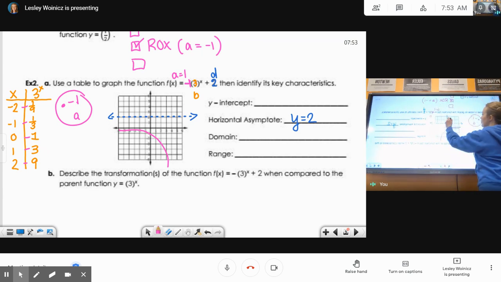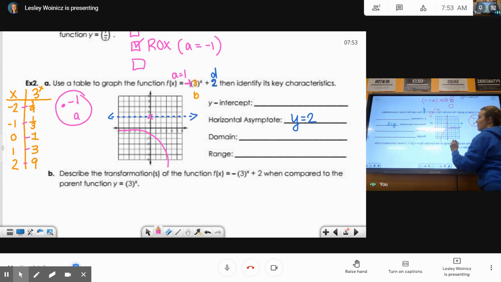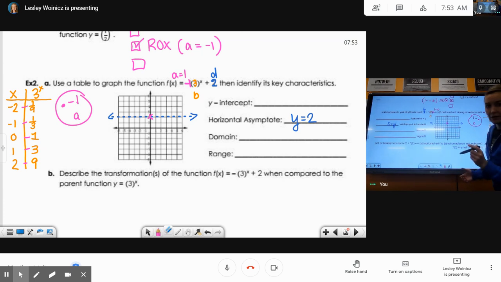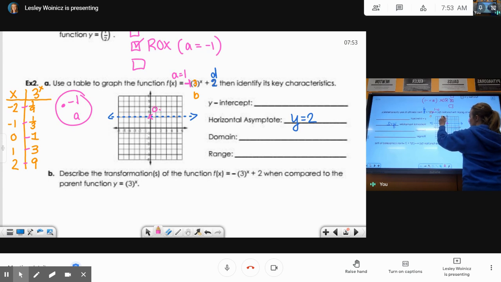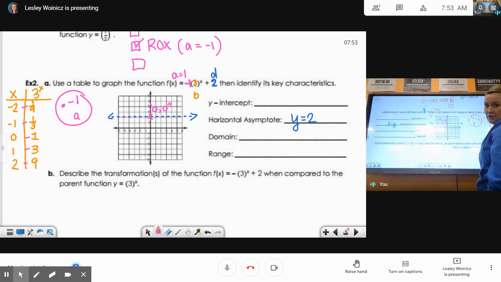I'm going to make a new fake little origin where my y-axis and my horizontal asymptote intersect. I am going to pretend that this is 0, 0, and I'm going to put it in quotes because it's not the real 0, 0, it's my fake 0, 0. So from my fake 0, 0, I'm going to graph these points.